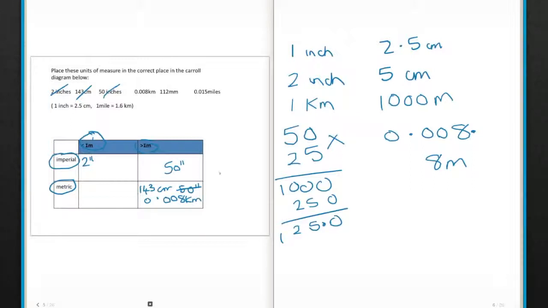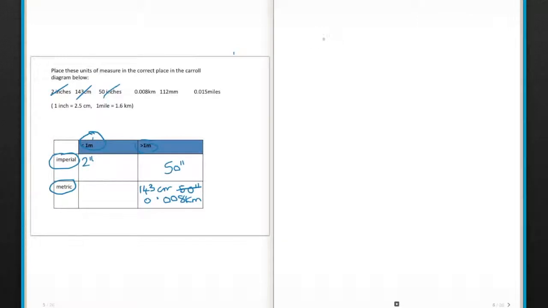Next one is 112 millimetres. Let's clear this screen so we can see what we're doing. 1 centimetre is 10 millimetres. So 112 millimetres is where I'm at. I'm at millimetres and I want to go to centimetres. Which of these numbers is the highest?